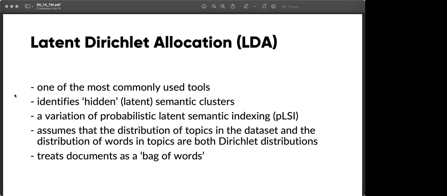So in this case, we are working with a preset Dirichlet distribution, and that basically means that those are the assumptions about how topics are distributed and how words are distributed in the topics. And the next important idea here is that LDA works with documents, with each document as a bag of words.